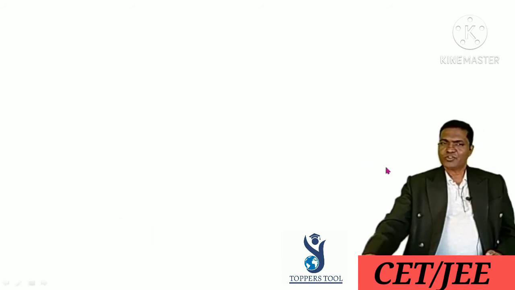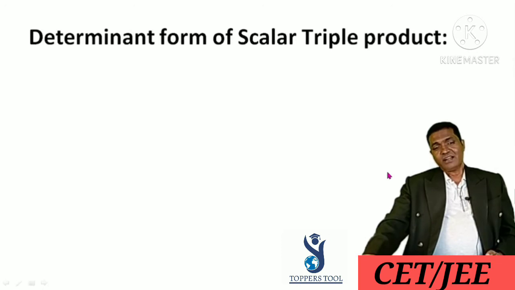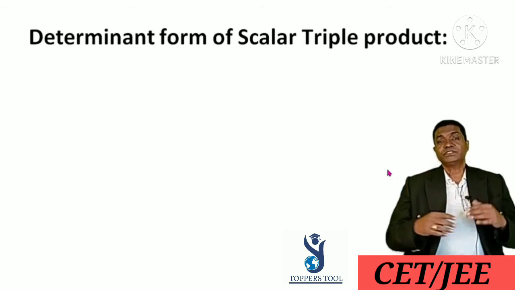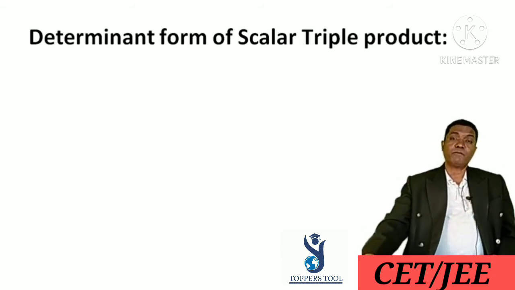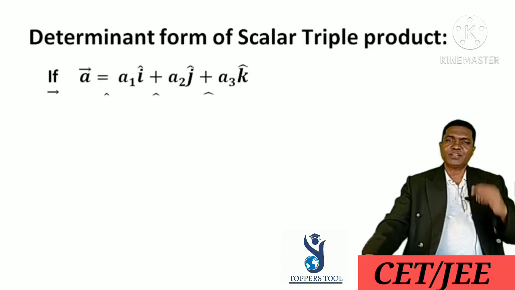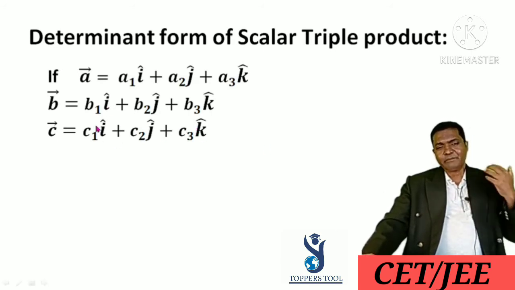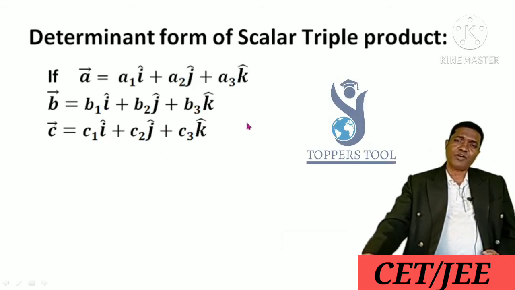So let's move on. Now, the determinant form of a scalar triple product. Whenever you are given three vectors in component form, meaning in terms of i, j, k, what is the scalar triple product? Let's see here. Here vectors A, B, C are given in component form, that is, in terms of i, j, k.